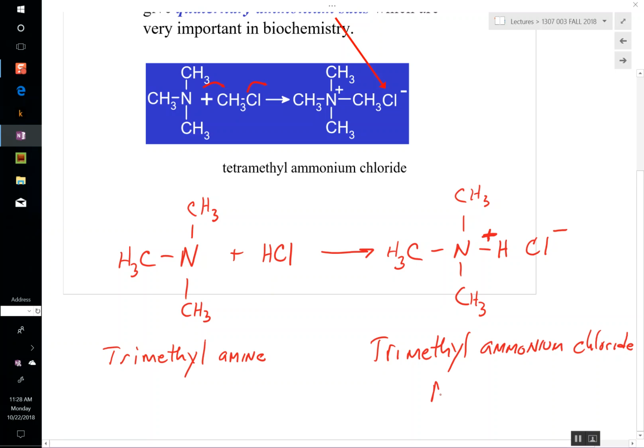All right? I mean, this right here is sodium chloride. You name the positive ion, sodium, negative ion, chloride. You got sodium chloride. What's our positive ion? Trimethyl ammonium. And our negative ion is chloride. Okay? So just change that. Whenever you see 4 things around the nitrogen, slip this into the name. Change the amine to ammonium.